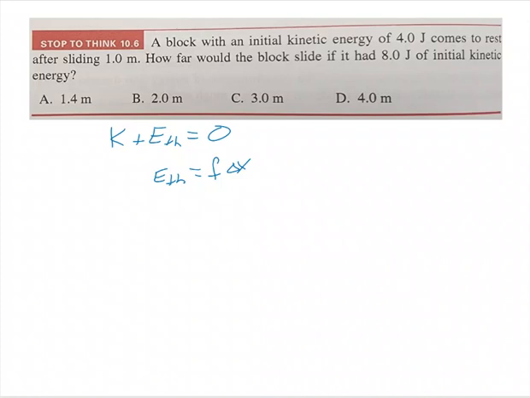I have initial kinetic energy of 4 joules. How far would it go if I made it 8 joules instead? So what happened? The energy was doubled. So basically if I doubled this, you have to double the other side.